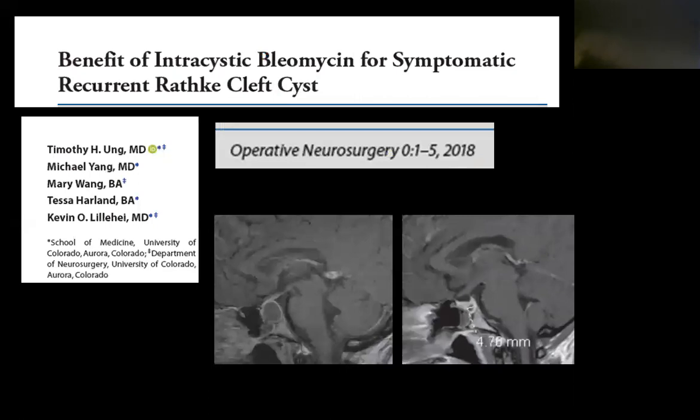And this is one paper from the University of Colorado. This is the cyst. This is, of course, the cyst that had 3 times surgery, and they gave her bleomycin, and it just shrank. Have you seen that, Ella? Bleomycin being used in Rathke's? Well, I've seen it in other cysts, not necessarily Rathke's. It's one thing for it to be used as an injection in the cyst.